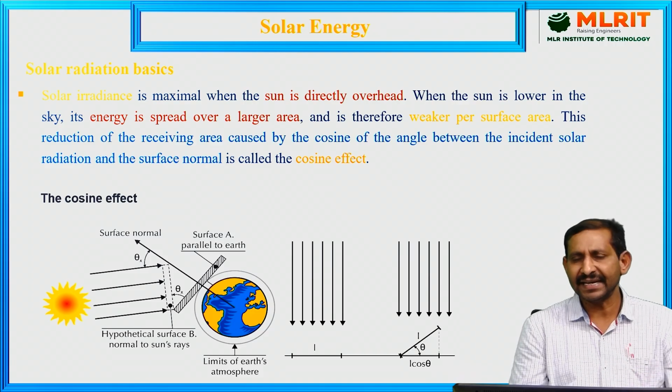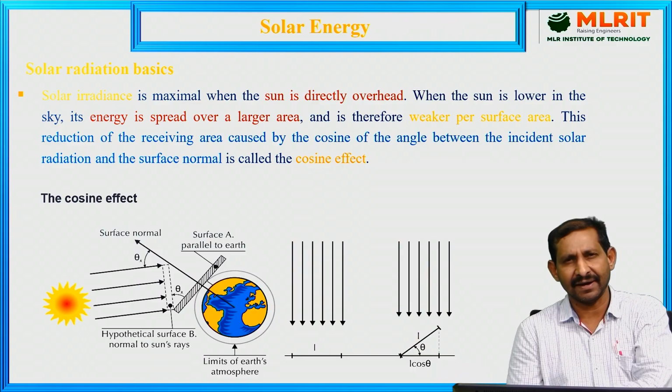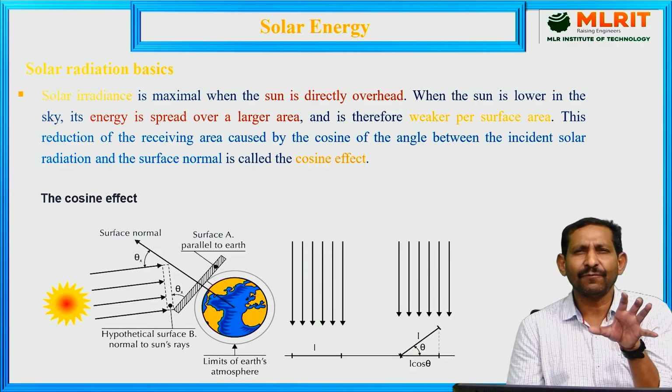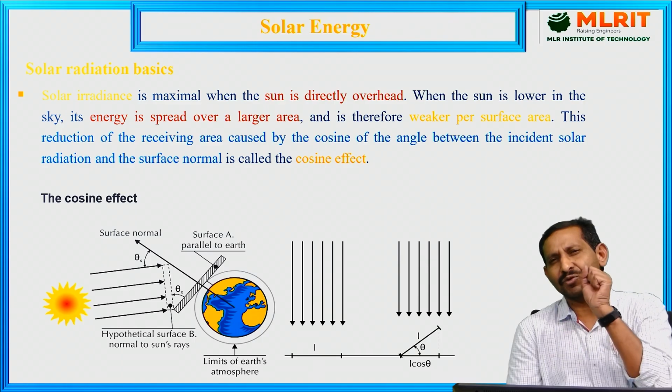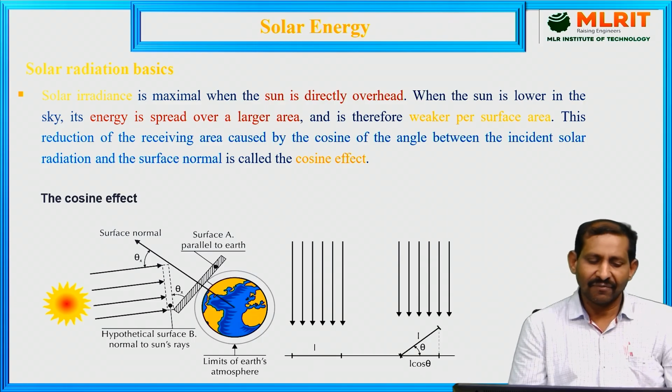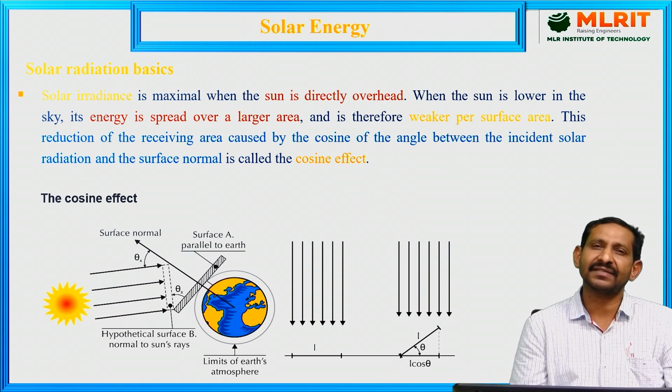When the sun is lower in the sky, the energy is spread over a larger area, therefore a weaker amount of energy per area is absorbed on the surface. This reduction of the receiving area, caused by the cosine of the angle between the instant solar radiation and the surface normal, is called the cosine effect.